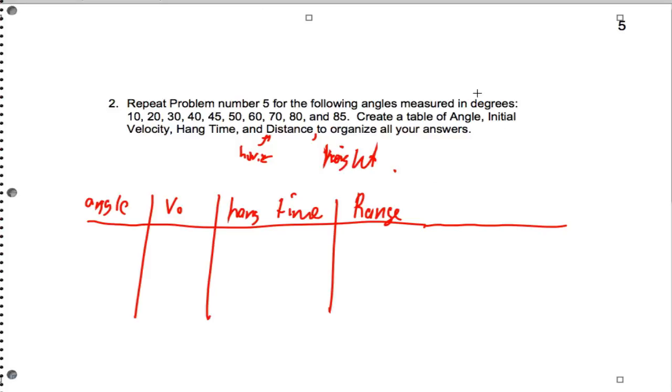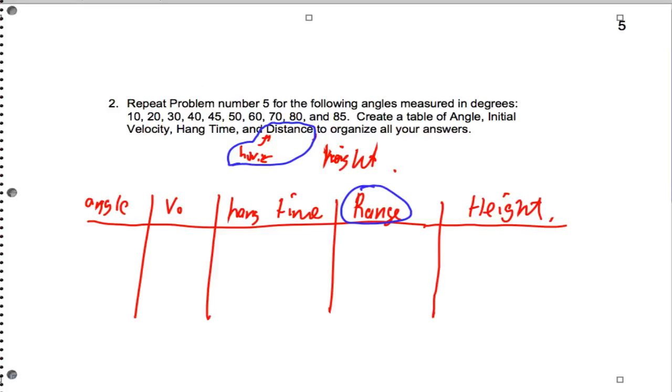Just to be clear, when we say horizontal distance, we're referring to range, and then finally we have height. So we're going to calculate this in Excel.